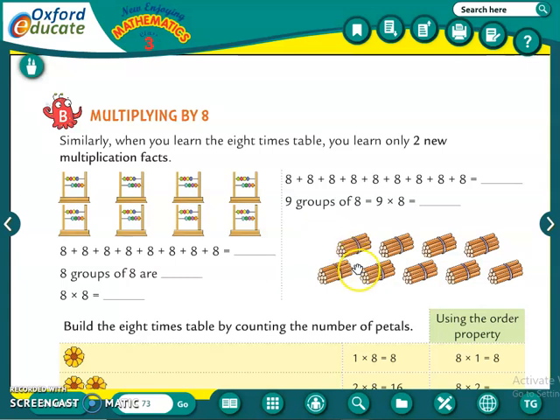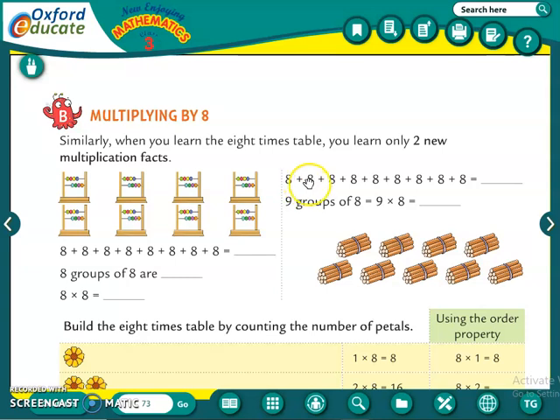Same way here, how many groups are there? 1, 2, 3, 4, 5, 6, 7, 8 and 9. 9 groups are there, and in each group how many sticks are there? 1, 2, 3, 4, 5, 6, 7, 8. In each group 8 sticks are there.